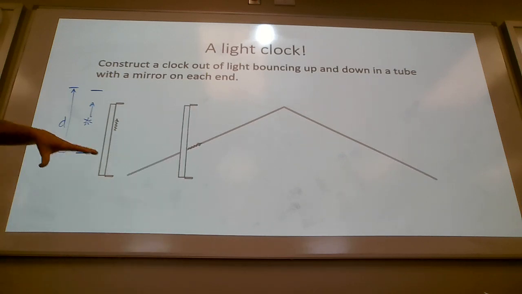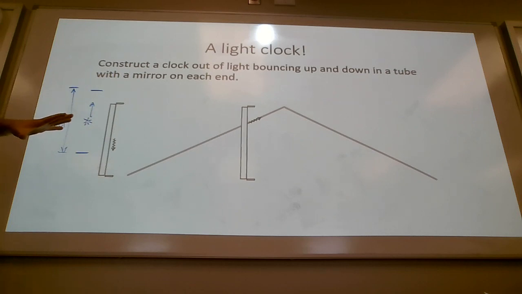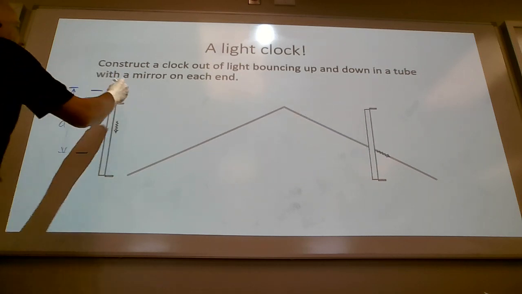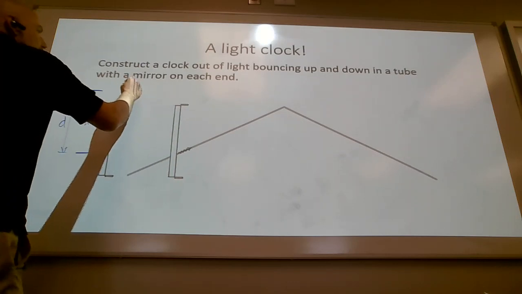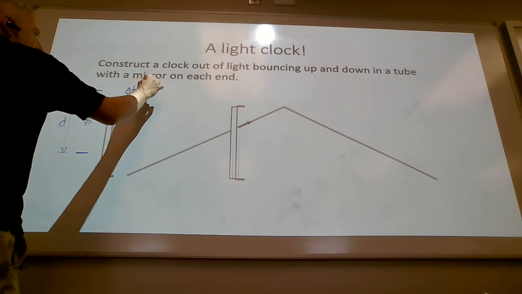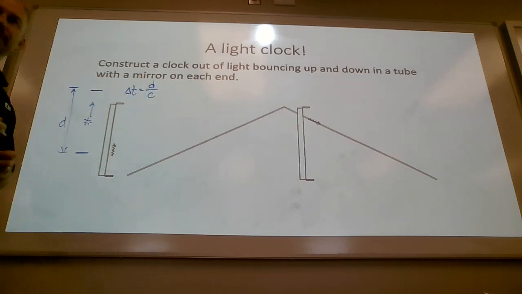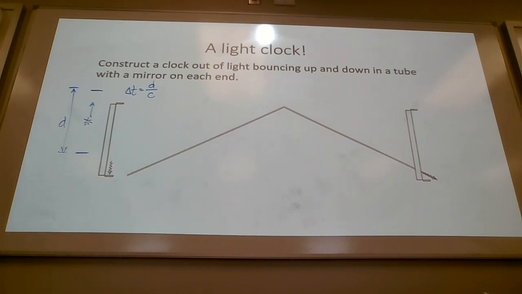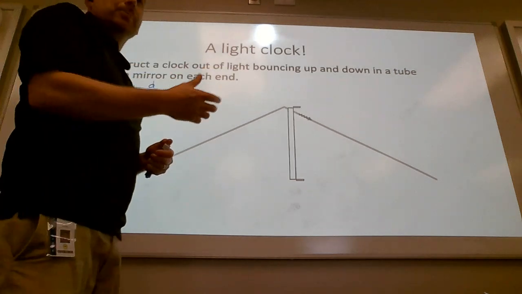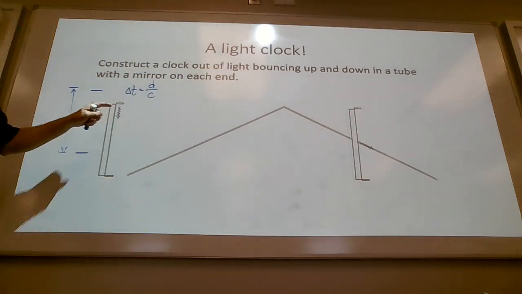Okay, let me unpack this light clock. Each tick, the time duration is the distance divided by the speed of light. Sarah's clock on Earth agrees with Adam's clock. How Adam observes it, he sees the same thing.